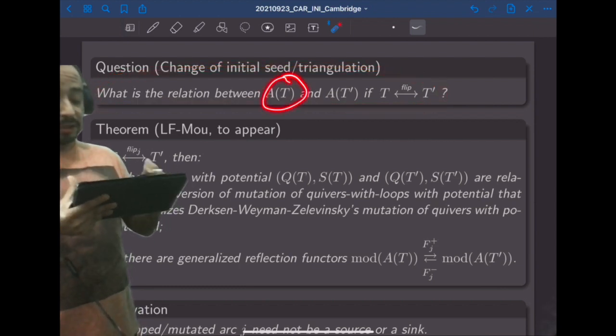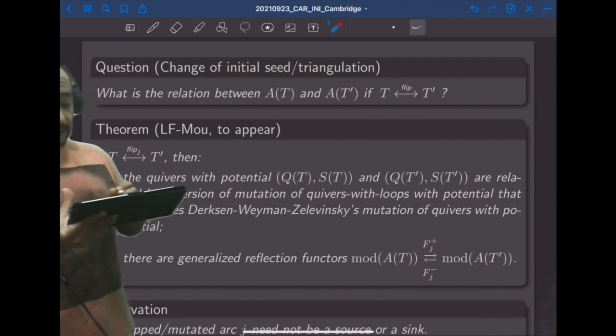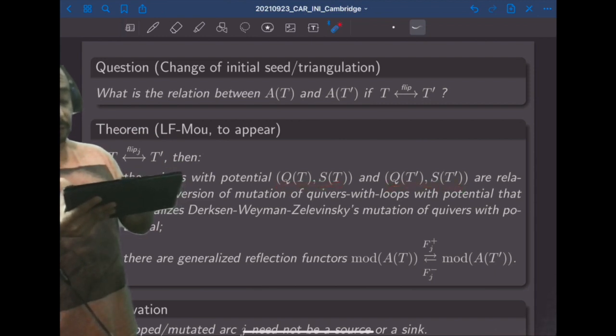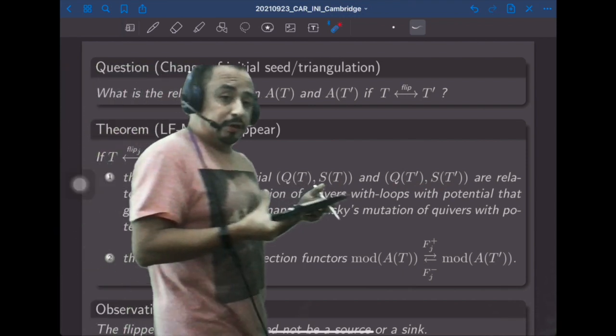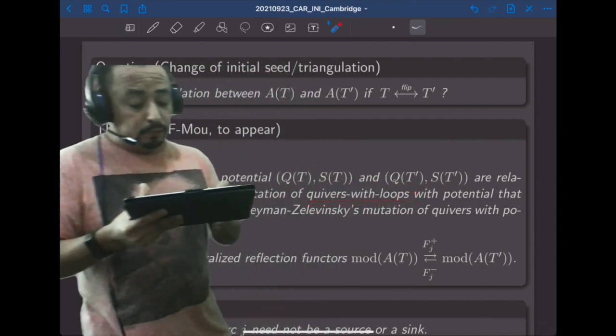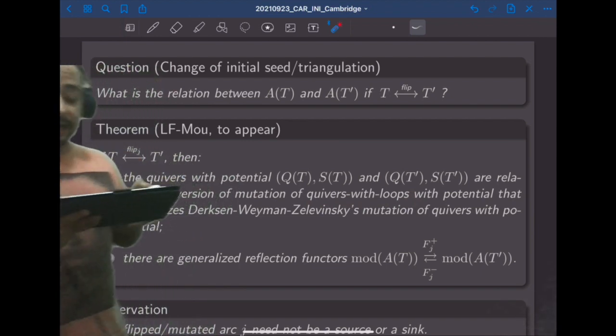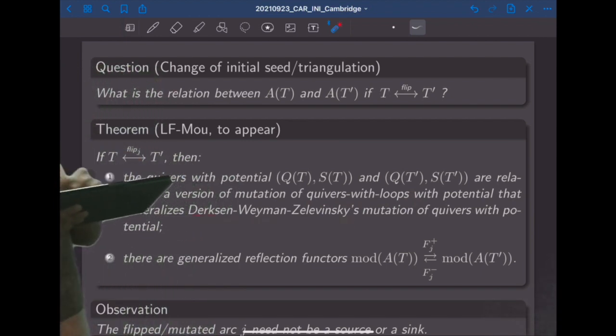the two algebras. What it turns out is that if we have two triangulations related by a flip, then the associated quivers with potential are related by some version of mutations of quivers with loops with potential that generalizes Derksen-Weyman-Zelevinsky's mutation.